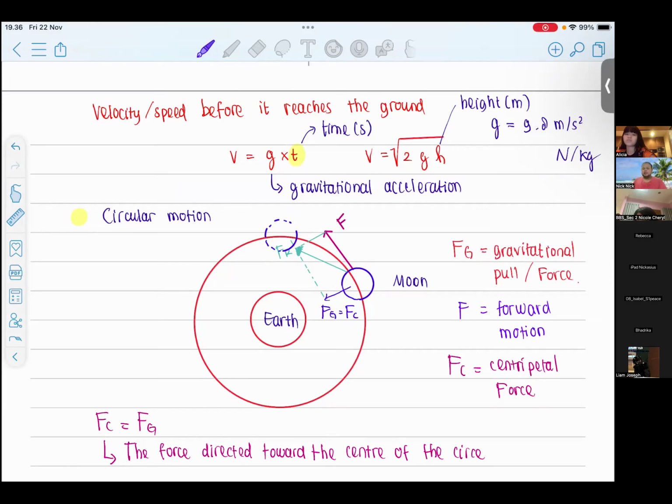Do you understand, students? And the cycle is repeated here in the new place. So the circular motion is affected by forward motion and centripetal force.